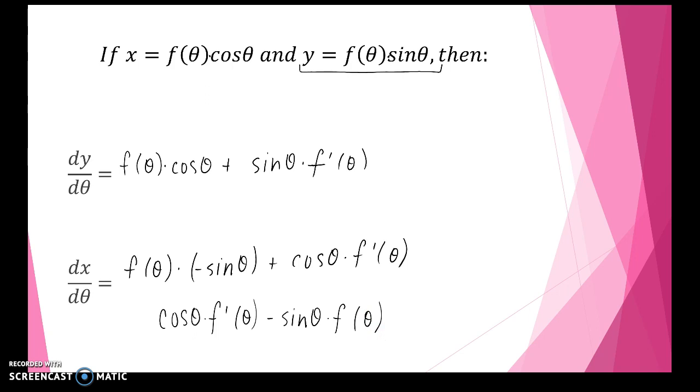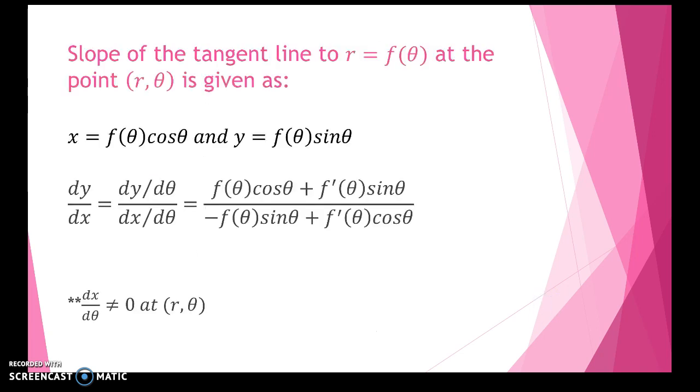Okay, so the formal definition: for dy/dx, we would take the derivative of y with respect to theta and divide it by the derivative of x with respect to theta. So the slope of the tangent line to any polar curve at a given point is given as, just putting them together. Now, this is just the product rule, so you don't have to worry about memorizing this.